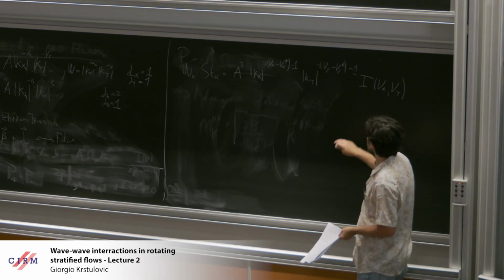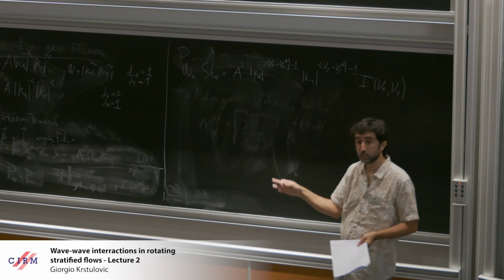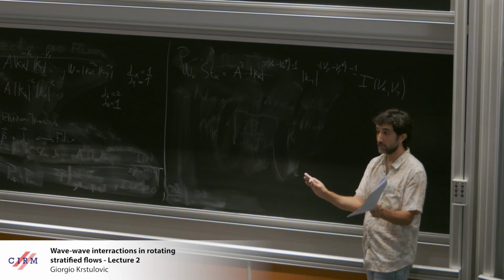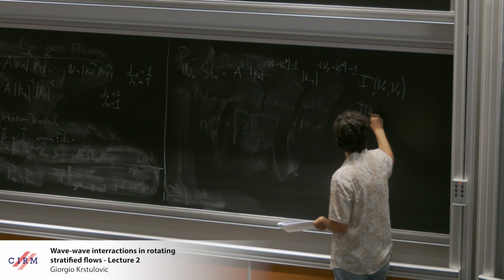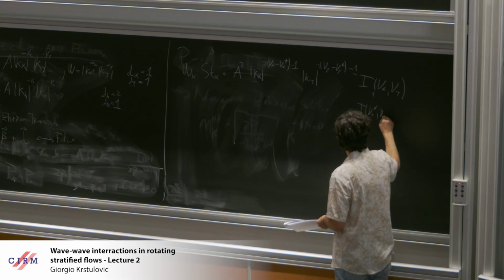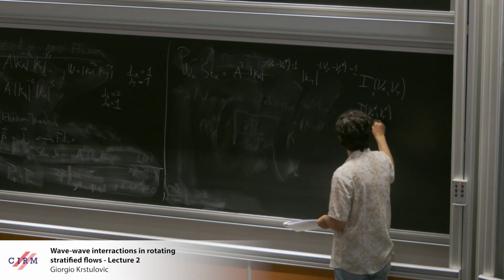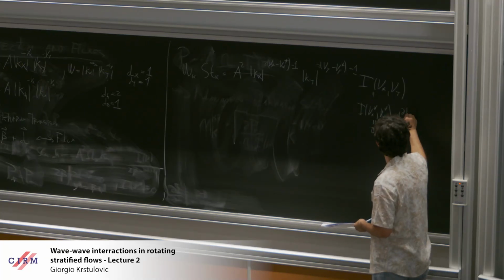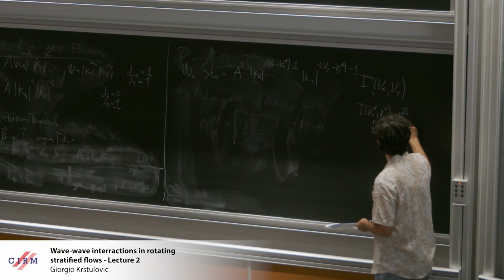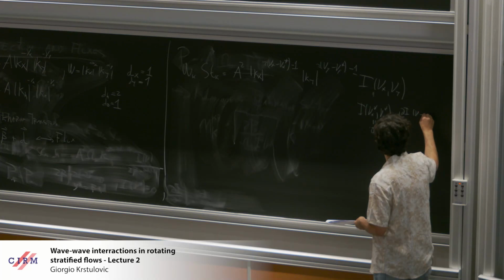And now you say, okay, I will say that this guy is a good solution of my I function, my collisional integral. So this is I of nu x star, nu y star, which is 0. Plus the linear correction. So it's di, nu x, nu minus nu x.